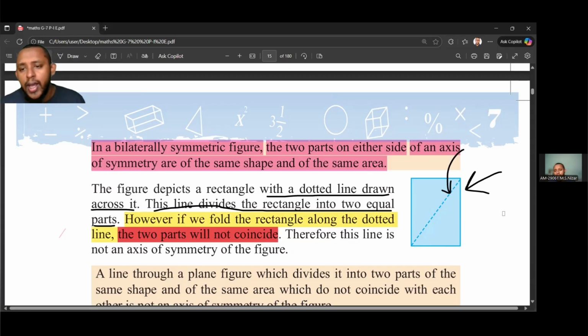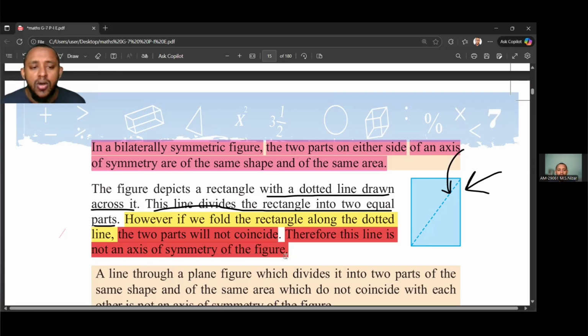You can have equal parts through this line, but the two parts will not coincide. Therefore, this line is not an axis of symmetry of the figure. You got my point, right?